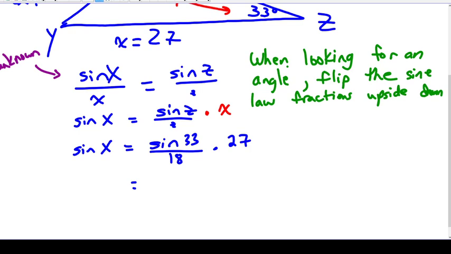Sine 33 divided by 18 times 27. And we're getting a really weird answer. We're getting 0.816, and it actually continues 9585.